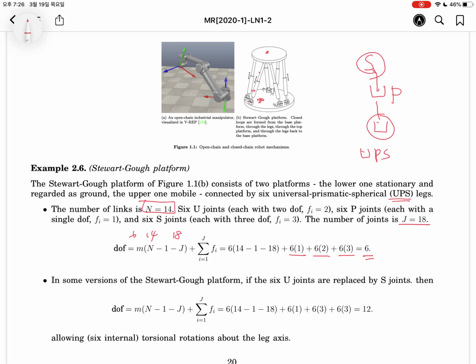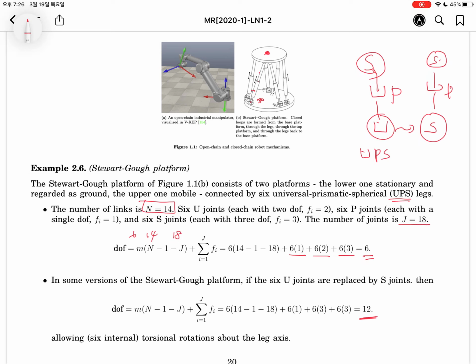So on the fixed base plane, the movable plane will produce 3 kinds of translational motion and 3 kinds of rotational motion. One more: if you change the U into an S, this is the S, this is the P, an SPS leg will be possible.